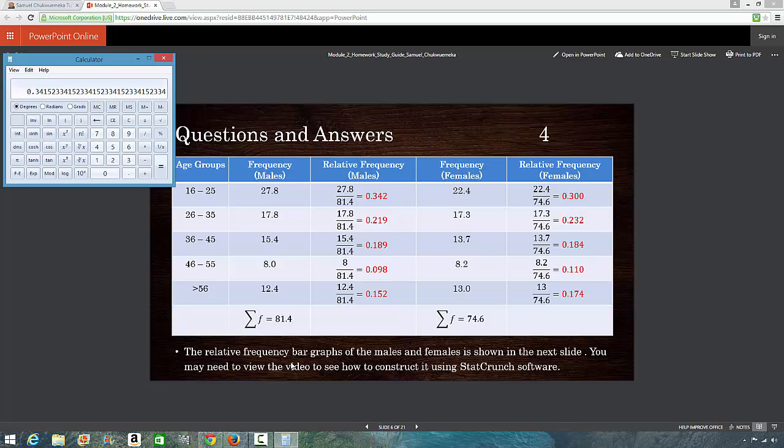And then greater than 56, you have 12.4. You have this as age groups, and you have this as frequency, males.